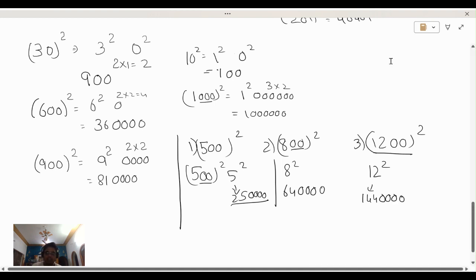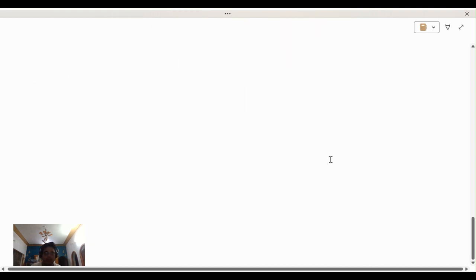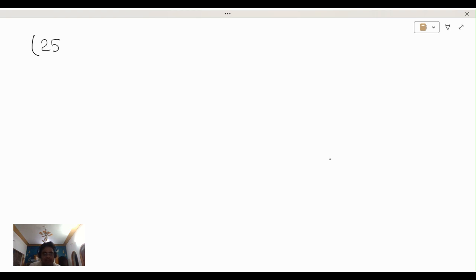Clear? Good. Now we go on to the next part, where we do squares of numbers ending with 5. Clear? For example, we'll begin with 25 square. An easier method is to take the 5 at the end and square it. When you square it, it becomes 25.